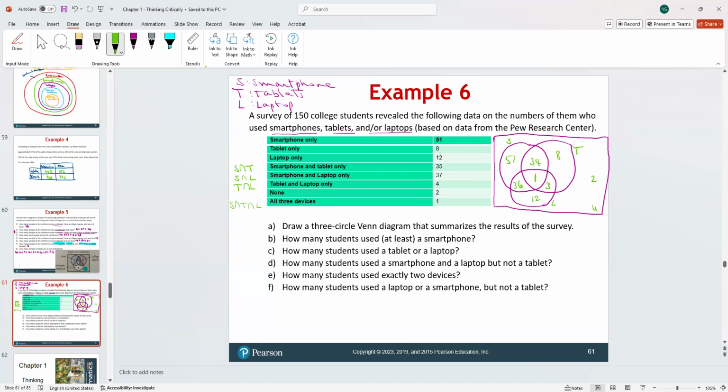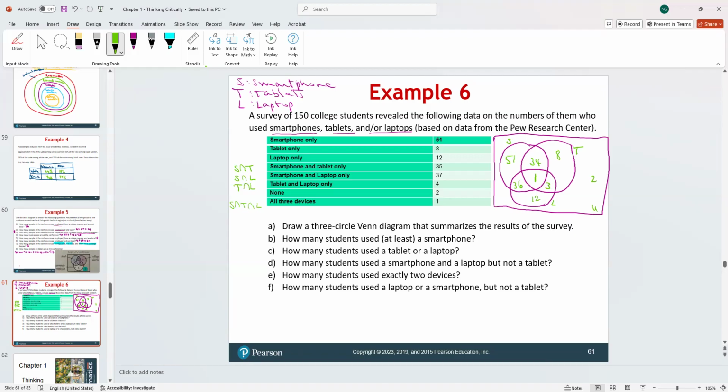Now we're ready to answer each one of them, because they said draw, that's part A. Draw a three-circle Venn diagram that summarizes the results. So you see the intersections are very important. I put those only, then I put all three, because 34 plus 1 is 35, 36 plus 1 is 37, 2 plus 1 is 4. So we know what we're doing.